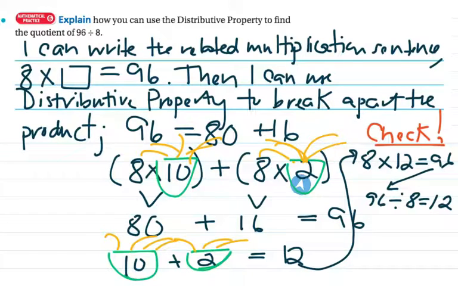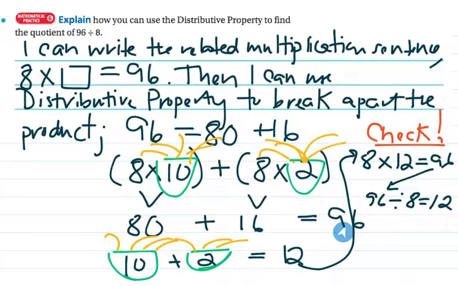That's the unknown factor. If I have 8 here and I want to get 80 here, I know that 10 is what I need to multiply by to get 80. So now I check, is 80 plus 16 96?